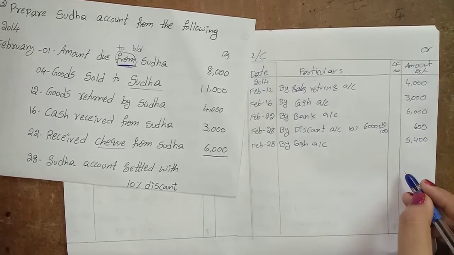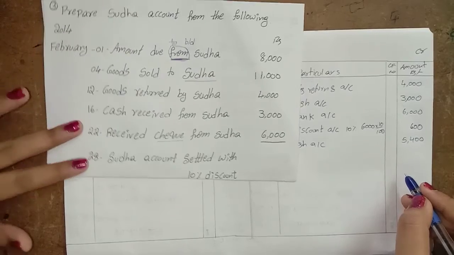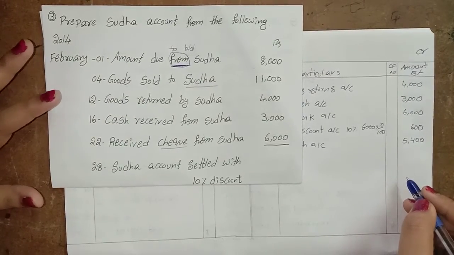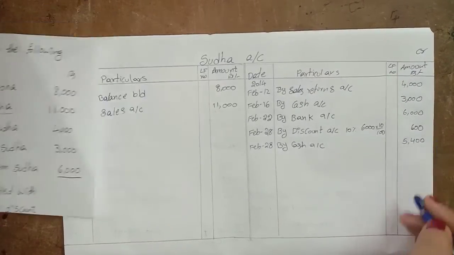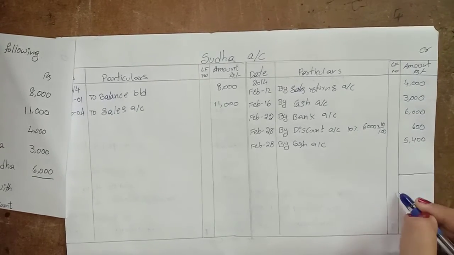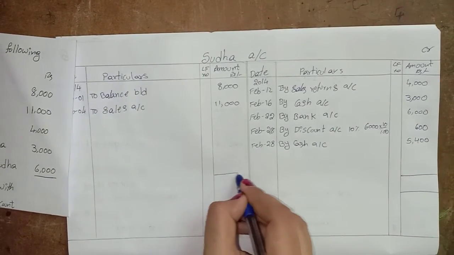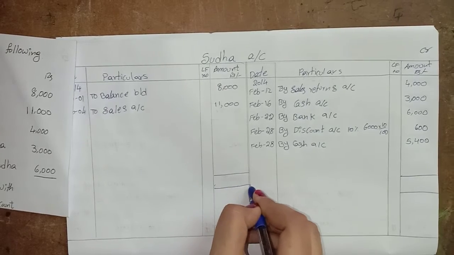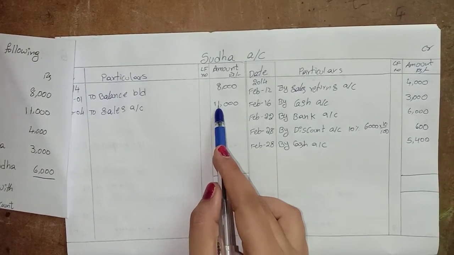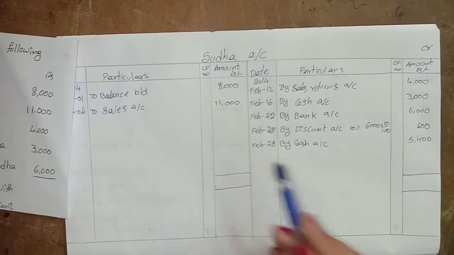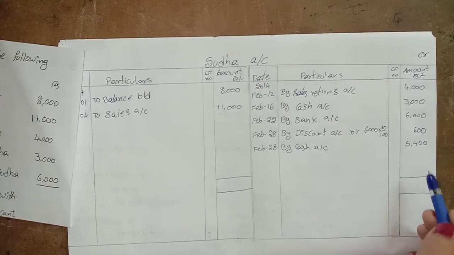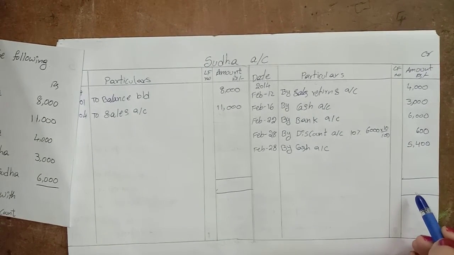So this is our entries of Sudha account. Now we have to calculate both sides. This is 19,000 and this is also 19,000.